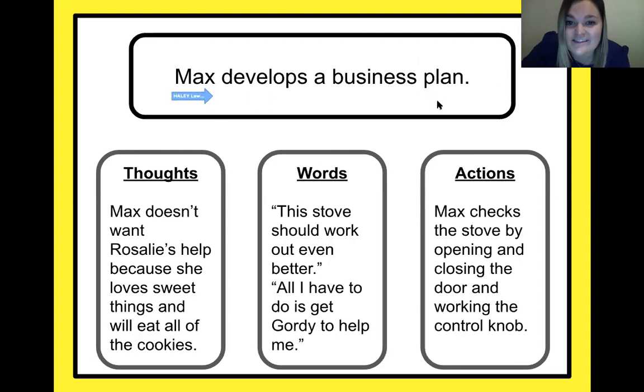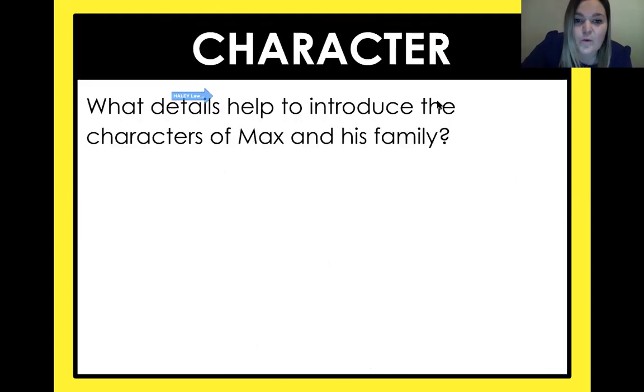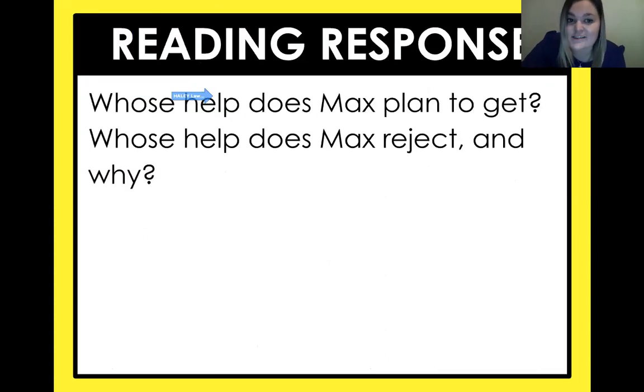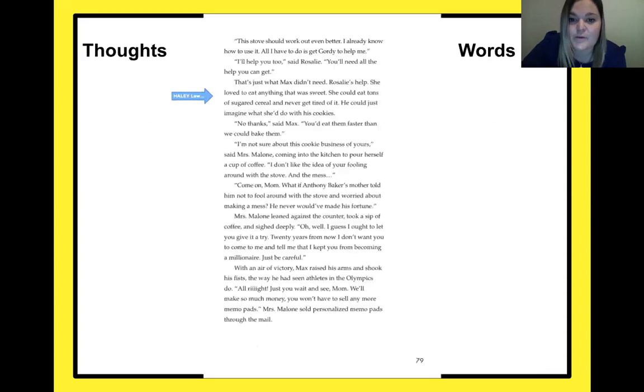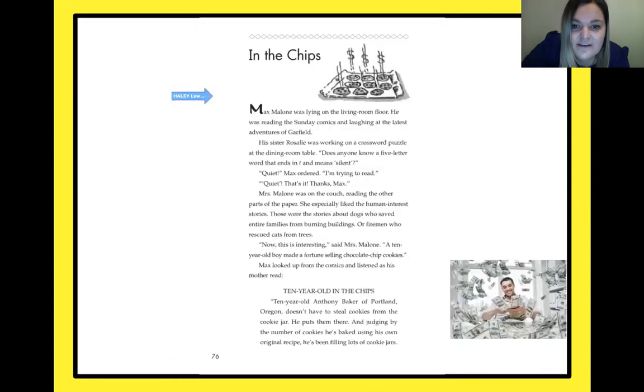So what details help to introduce the characters of Max and his family? That was in that beginning scene when they were all in the living room together. What do we learn about his family? The big details here are what part of the newspaper they're working on. At the beginning it talks about Rosalie. She's working on the crossword puzzle. Then we have Max.